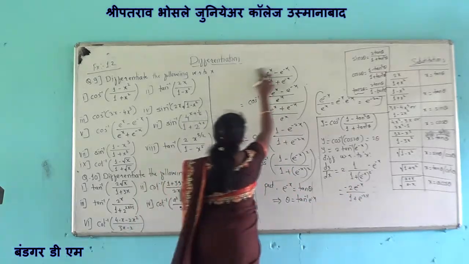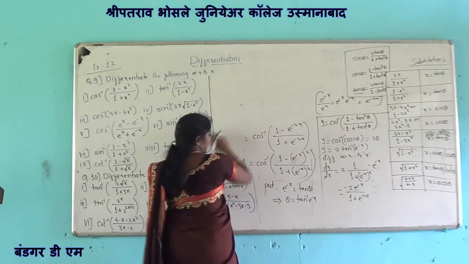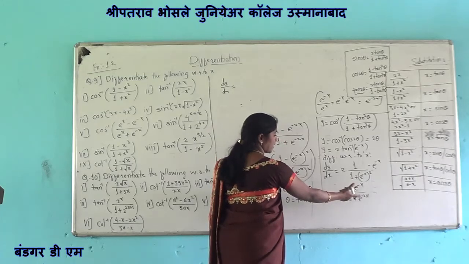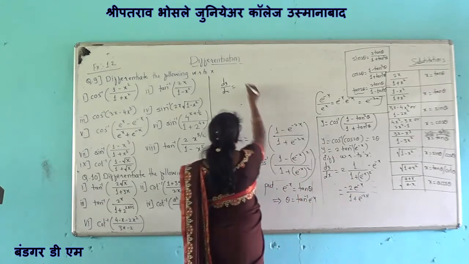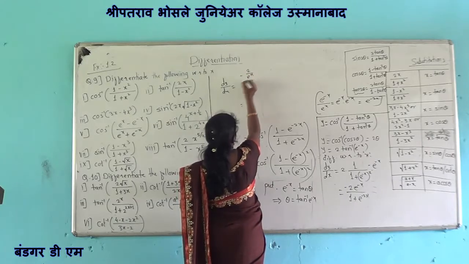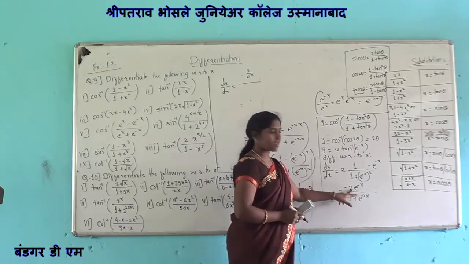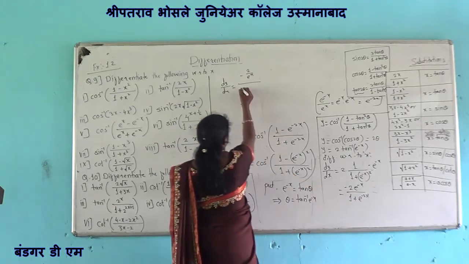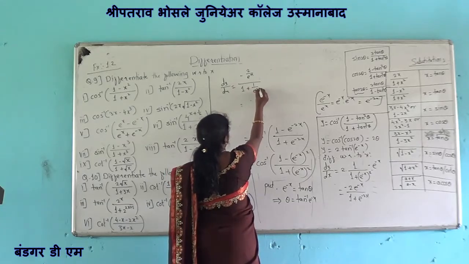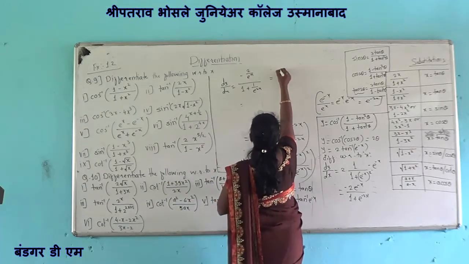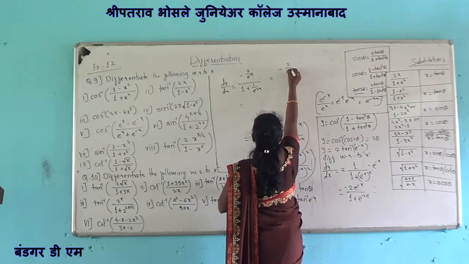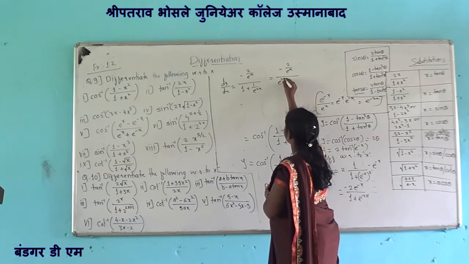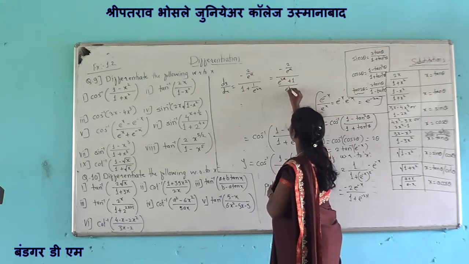We get dy by dx is equal to, its negative power can be converted into the positive power. We get minus 2 upon e raised to x, upon... When we cross multiply this, we will get the common denominator e raised to 2x plus 1 upon e raised to 2x.